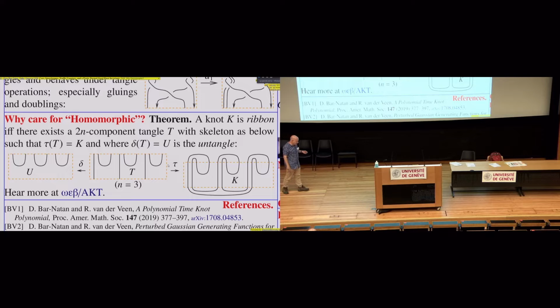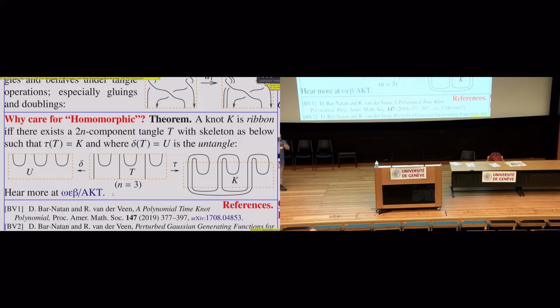And this means that in principle, you may have a criterion for showing that certain knots are not ribbon, and that would be interesting. I'm only sketching it, and if you want to hear more, you can go to omega epsilon beta / AKT, where it's fully explained.